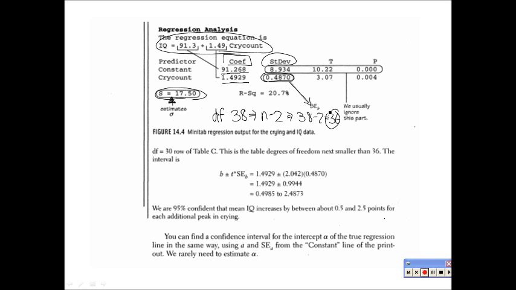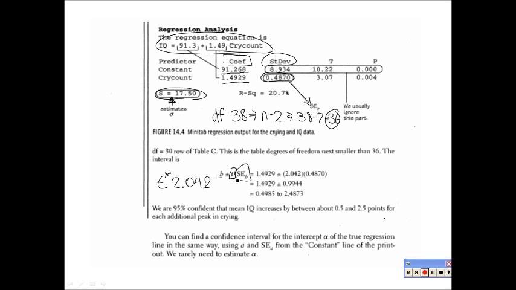For a 90% confidence interval for the true slope b, we will use critical value 2.042. So to get the confidence interval, we do b plus or minus t star times the standard error of b.